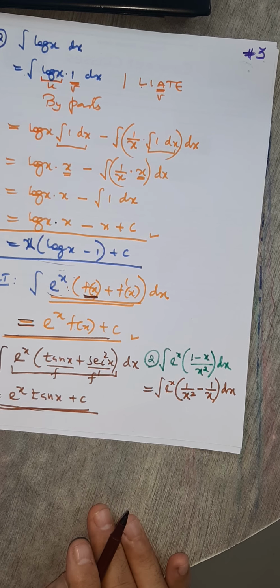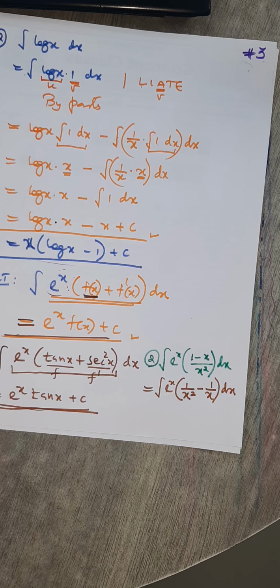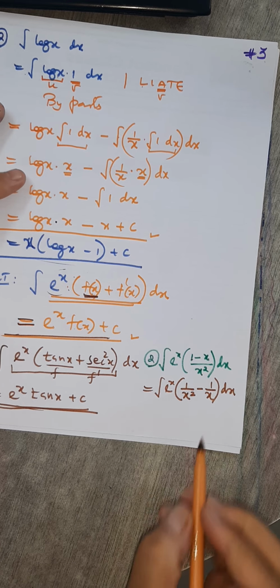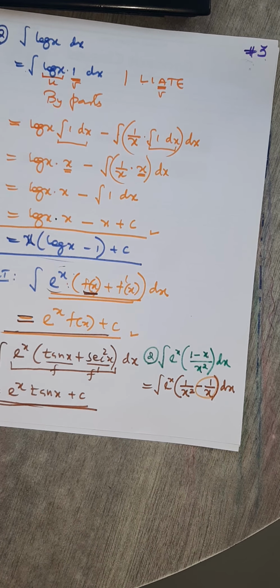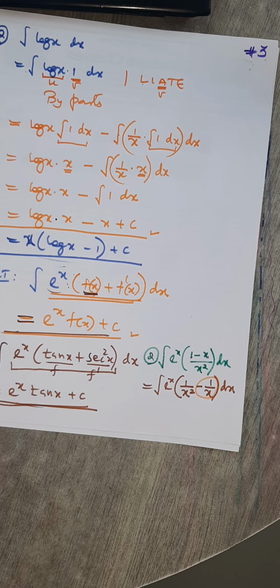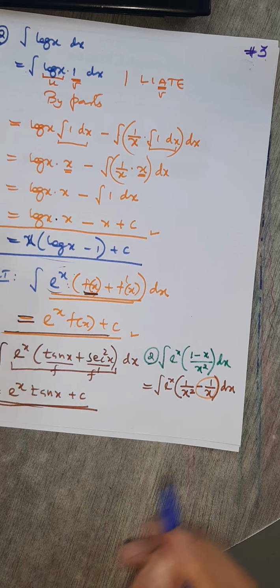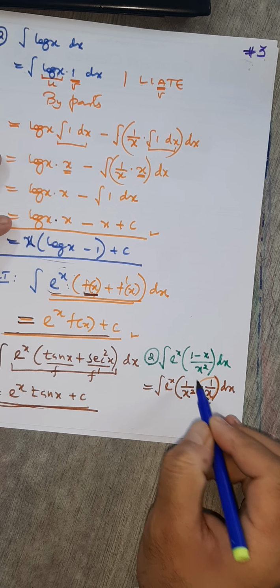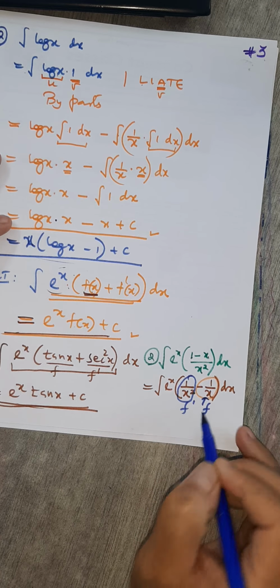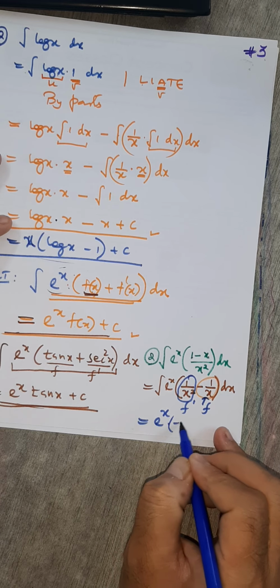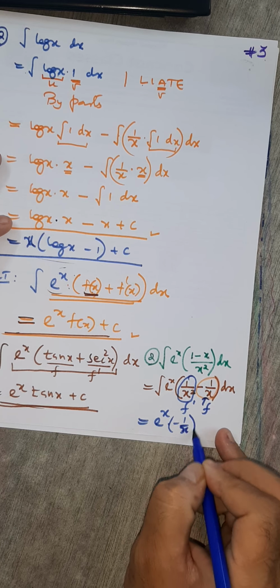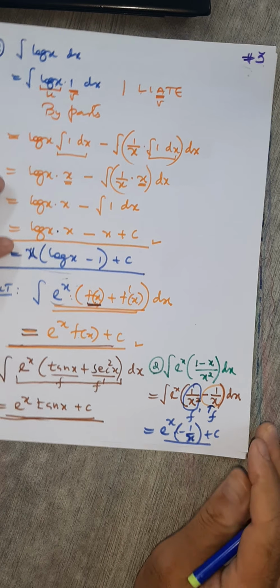Now you can see that if you notice it carefully, inside the bracket you have function plus its derivative. Which one is the function? This is your f, remember. What is the derivative of 1 by x? Minus 1 by x squared, if you recall. So this is f and derivative is this. So what is your answer? e raised to x into f. What is f? Minus 1 upon x plus c. This is the required integral in this case.